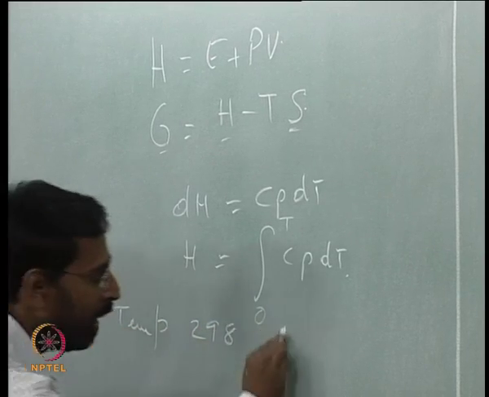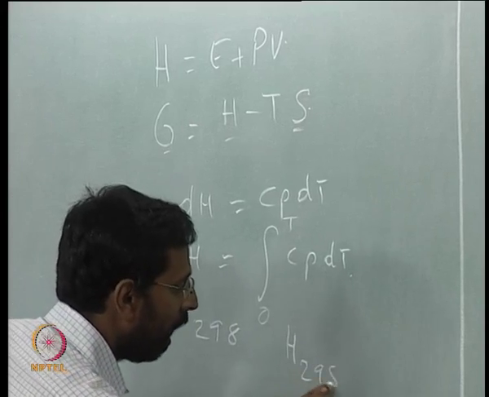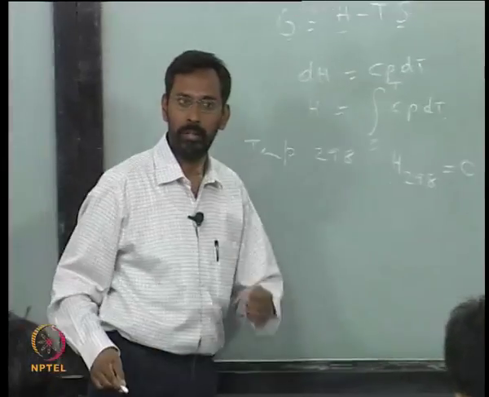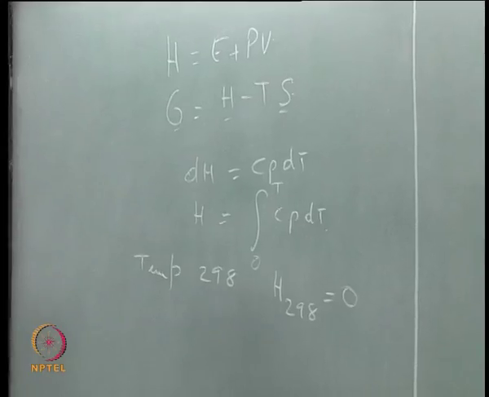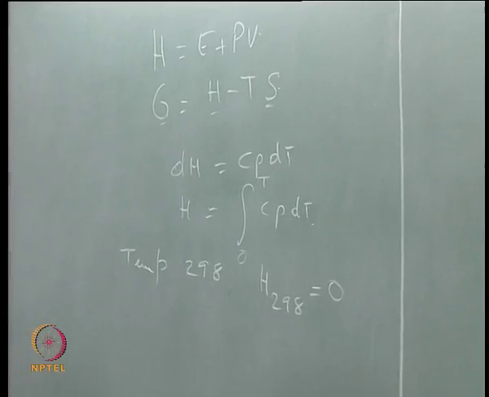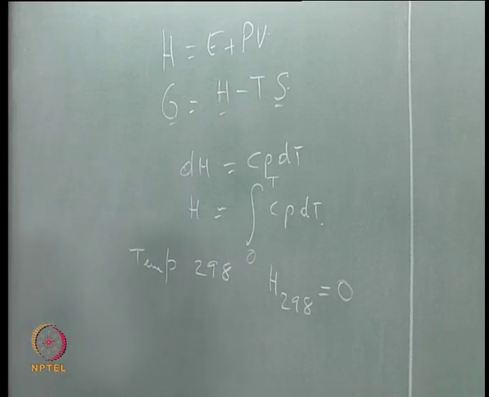So we define H at 298 as 0 for most materials. You can even change that depending on the particular circumstances, but usually we assume H at 298 as 0.